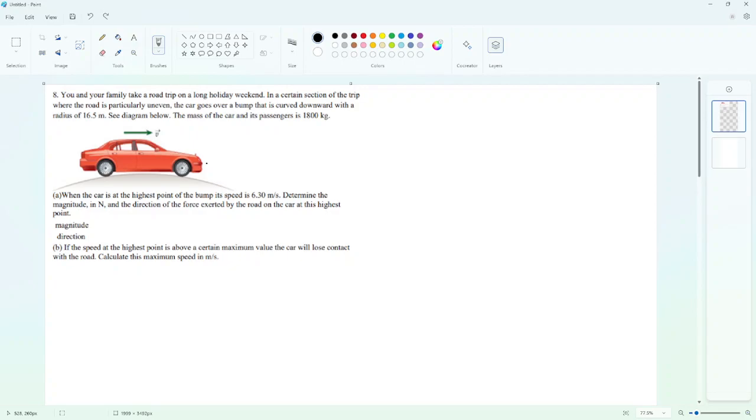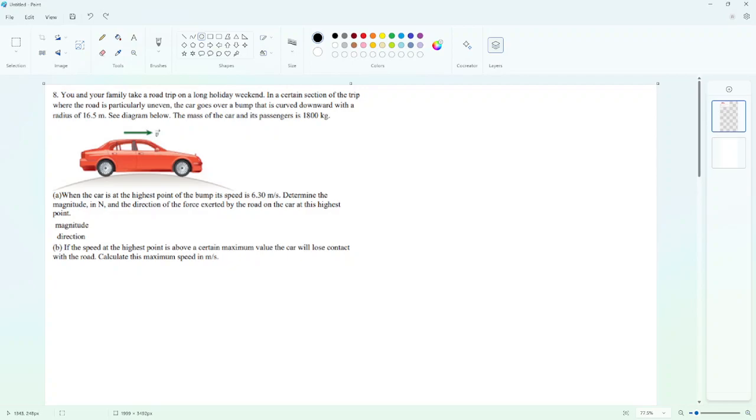When the car is at its highest point of the bump, its speed is exactly 6.3 meters per second. Determine the magnitude in newtons and the direction of the force exerted by the road on the car at its highest point. Okay, so right off the bat, see if you can go ahead and figure out the solution for this problem.